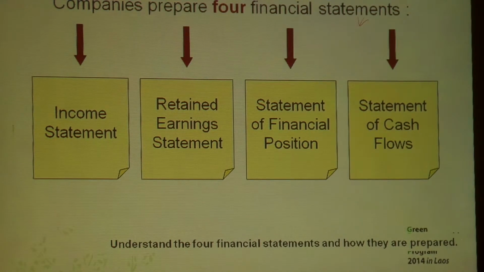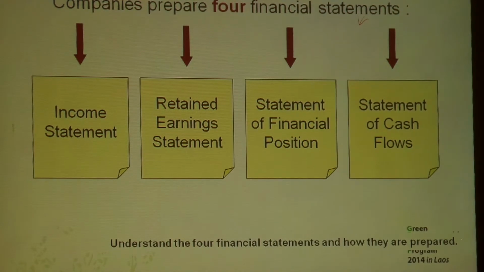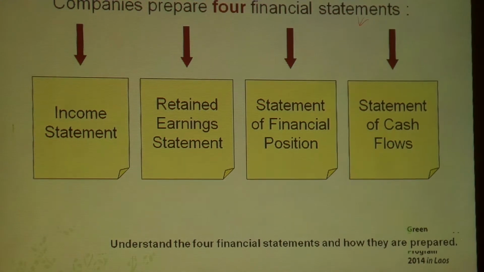So this 50,000 divided by 5 years of useful life is what? $10,000. This is depreciation. Then, when you make a journal entry, this 50,000 BMW over 5 years, you are going to depreciate. That is depreciation expense. Then the journal entry is just like this.